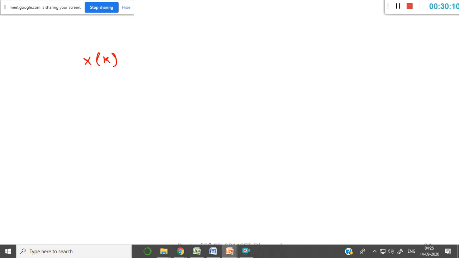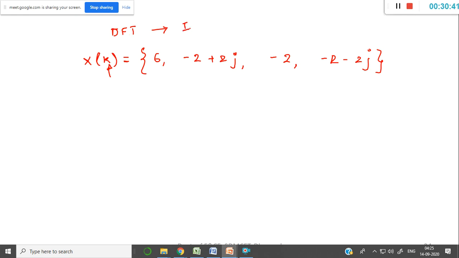I have an X of k sequence. What was the value we got there? That is 6, minus 2 plus 2j, minus 2, and minus 2 minus 2j. Now you have an input sequence X of k, which is nothing but the DFT values. Just by looking at this k, you should be able to tell that this input is a DFT. Then I ask you to obtain the inverse of this.